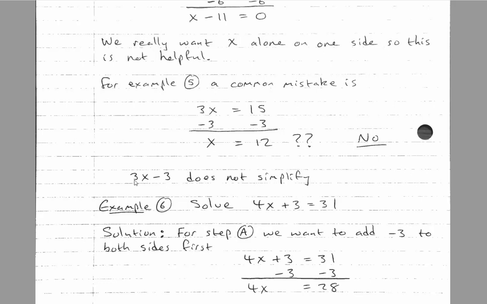No, it's just 3x minus 3. So this is not correct. You're really just getting 3x minus 3 equals 12, which doesn't help. The correct thing to do here is to divide both sides by 3.